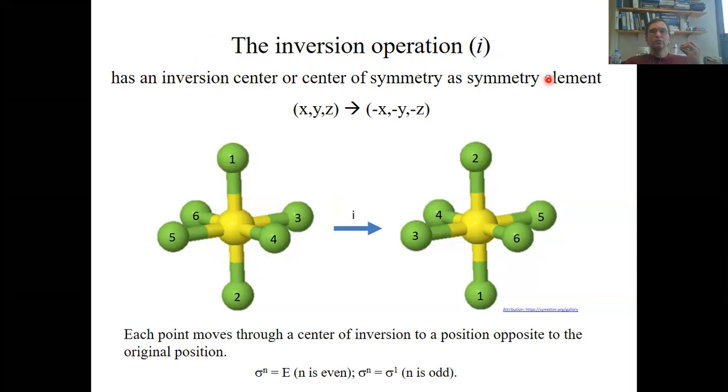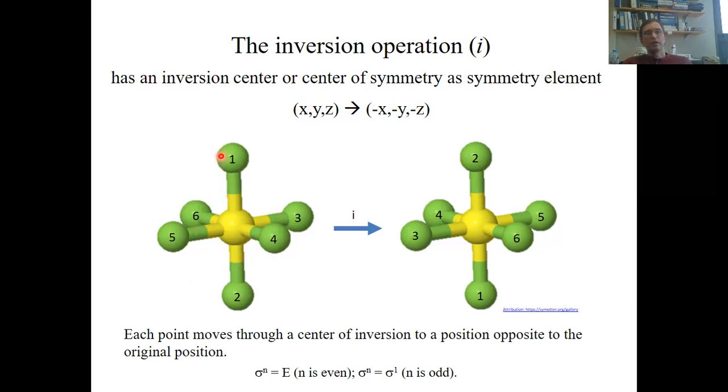So the inversion operation has the property that it converts any coordinates within the object x, y, z into the coordinates minus x, minus y, minus z. So we move every point of the object through the inversion center to the other side. So for instance, you see here an octahedral molecule, which is an SF6 molecule in this case.